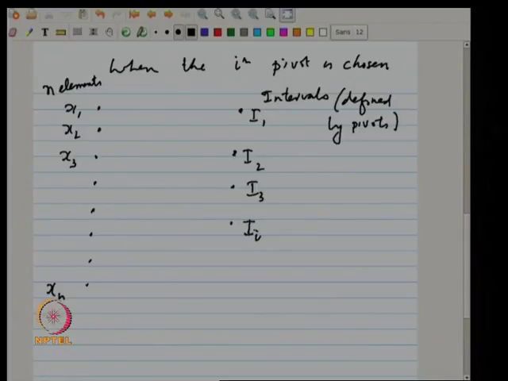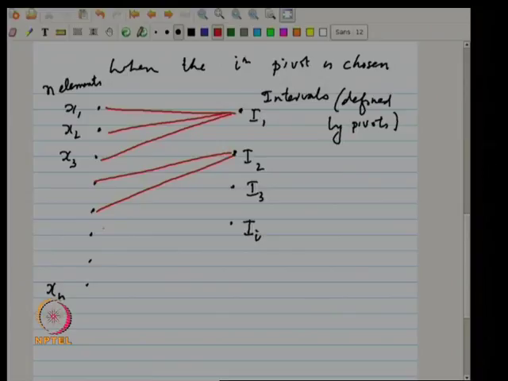And the remaining elements are mapped to these intervals. A certain element belongs to a certain interval. It defines some sort of a graph. There is some kind of a graph before we insert the ith pivot. Now, when the ith pivot is inserted, what happens?